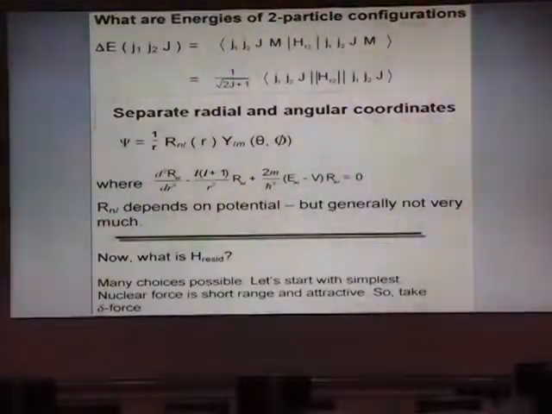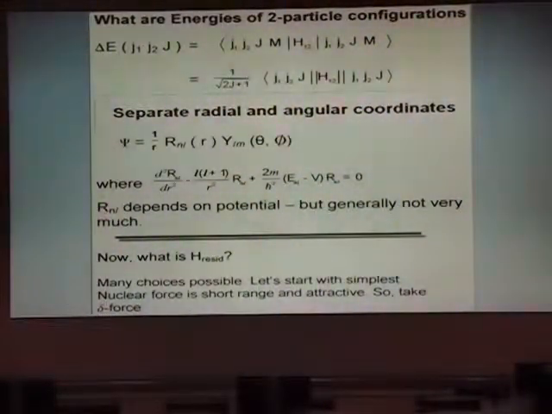Okay, so this looks complicated, but we're not going to use it really. The shifts in energy are the matrix elements of 2 particles interacting with this residual interaction. And that can be written as a reduced matrix element. And you can put in wave functions, radial and spherical harmonics, and do all that sort of stuff.